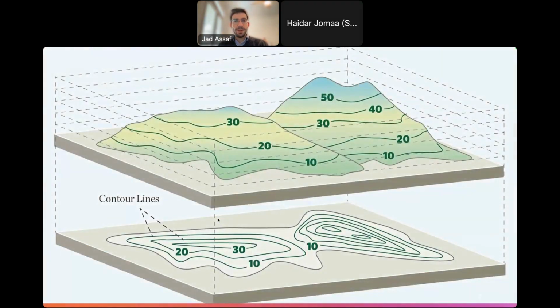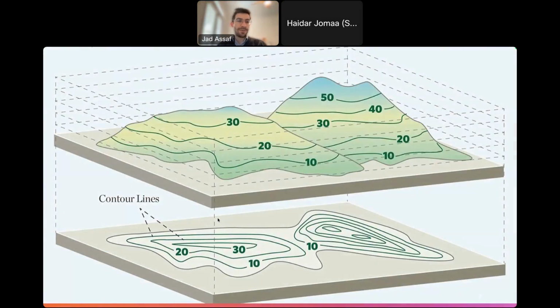So when we look at mountains, this is a topographic map. When we look at mountains, we want to be able to translate them from three-dimensional volumetric structures to 2D maps where we could easily read them and understand them.